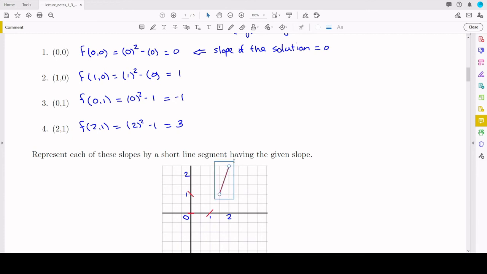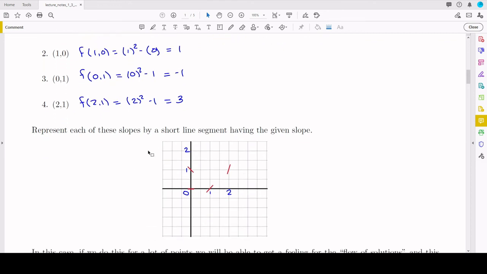So approximately that, and let's scale that down a little bit, same direction. Now that's a little marker that represents the slope: slope 0, slope 1, slope negative 1, and slope 3.